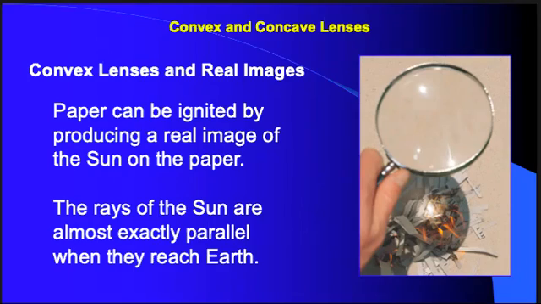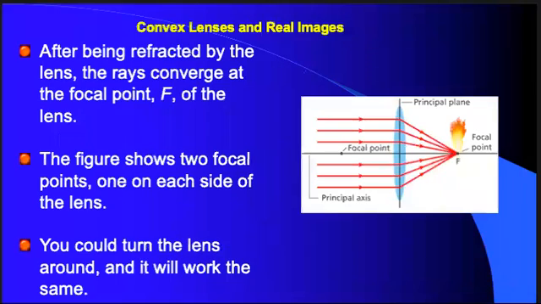That is a good example. Again, after being refracted by the lens, the rays converge at the focal point. The figure shows two focal points, one on each side of the lens. If you could turn the lens around, it would still work the same.